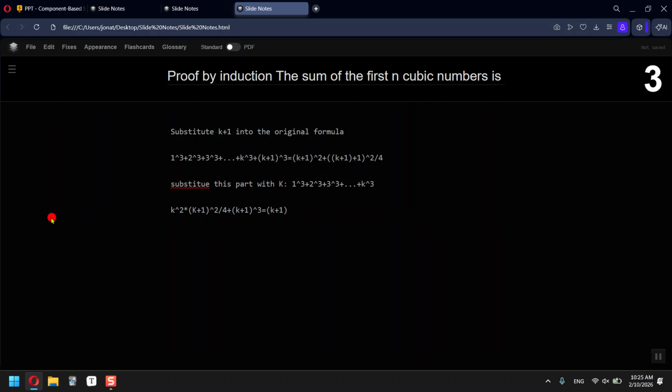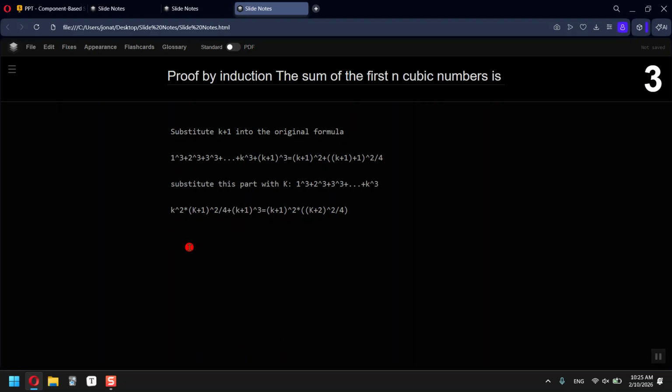now the idea is that we want to change the sides so that we get the same thing. Okay.